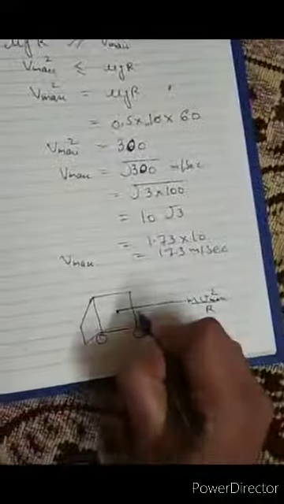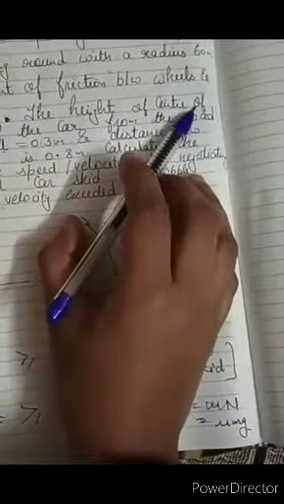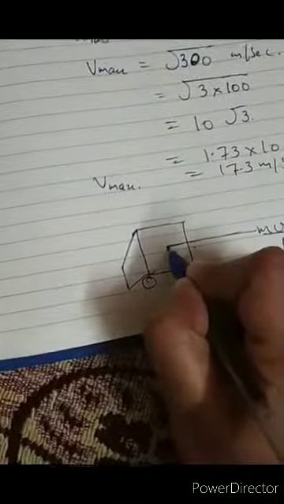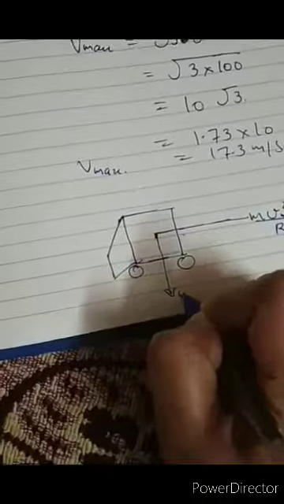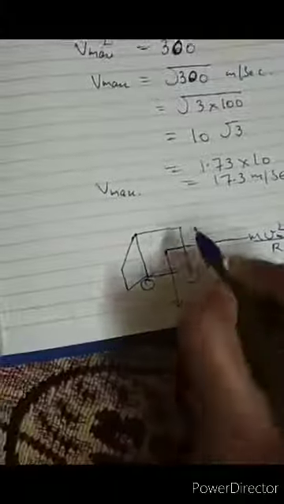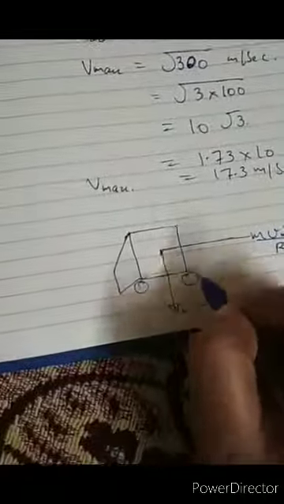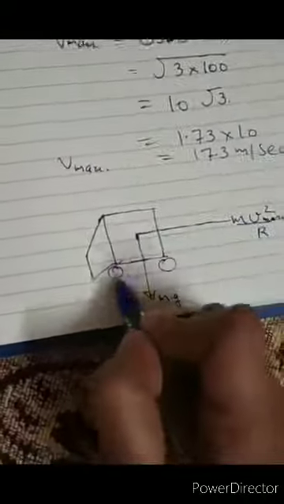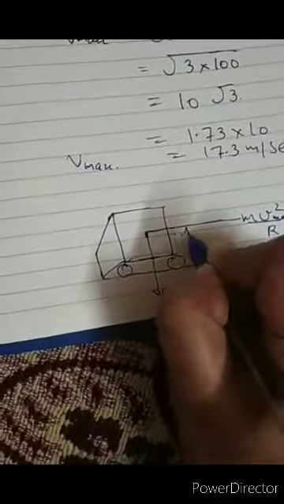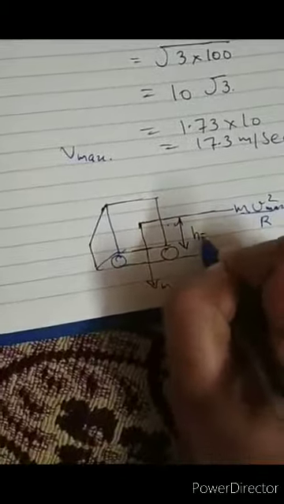Okay, now in the question they have given the height of the center of gravity of the car from the road level is 0.3. It means this is the center of gravity where we have mg downwards. So the height from the ground, car is on the ground, of course, this is the height, which is equal to 0.3 meters.